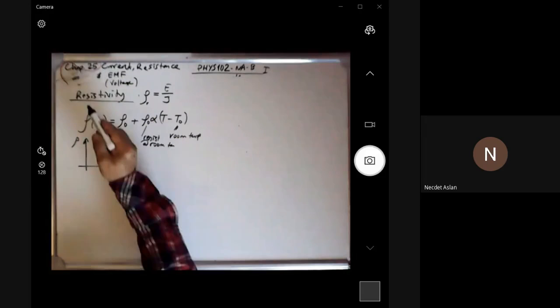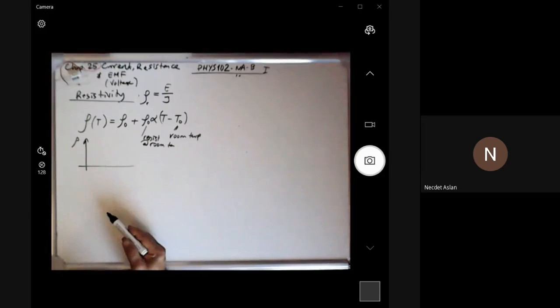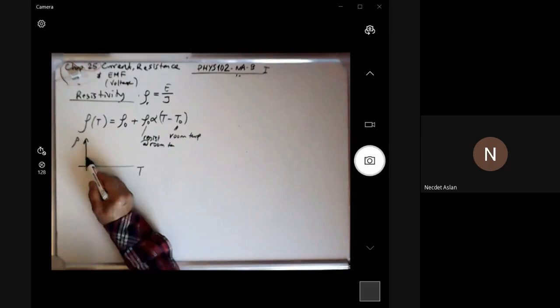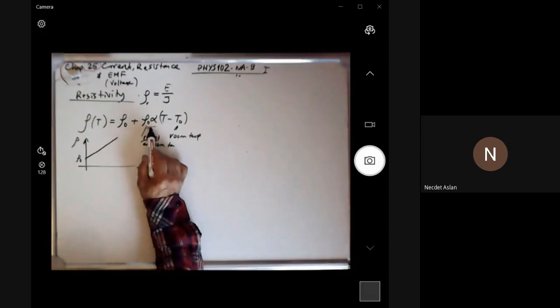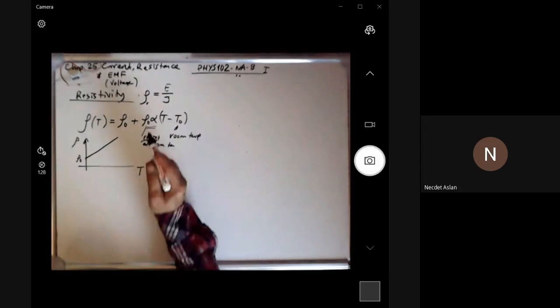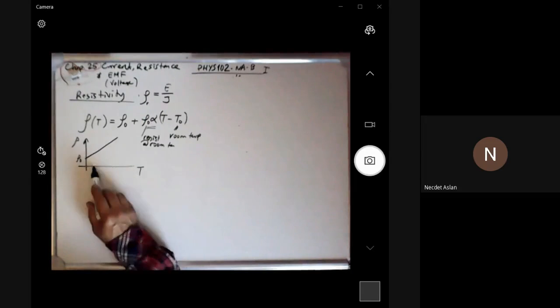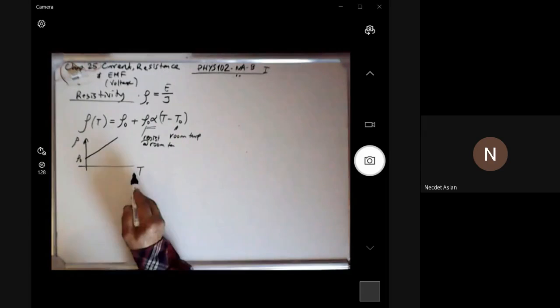Okay, and we will see that this resistance of the wire not only depends on the cross-section area, but also the length. So as a function of temperature, the resistivity starts from rho 0 and increases linearly, and the slope is given by this expression. This is the slope, right? This alpha is just another constant, okay? So when the temperature increases, the resistance increases. So you have to be really careful.